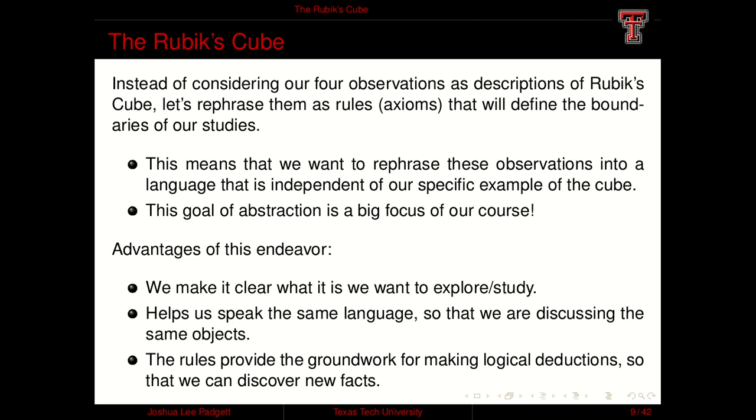And so we want to rephrase these, and of course this abstraction is a big focus of our course, right? This is something that we've seen in the notes, where the goal of abstraction is that it is more widely applicable. And like I've said before, if we didn't have abstraction, then if you wanted to teach your students, for instance, how to use the quadratic formula, you would have to teach them how to factor or find the roots of all uncountably infinite different polynomials that one can realize in one dimension.